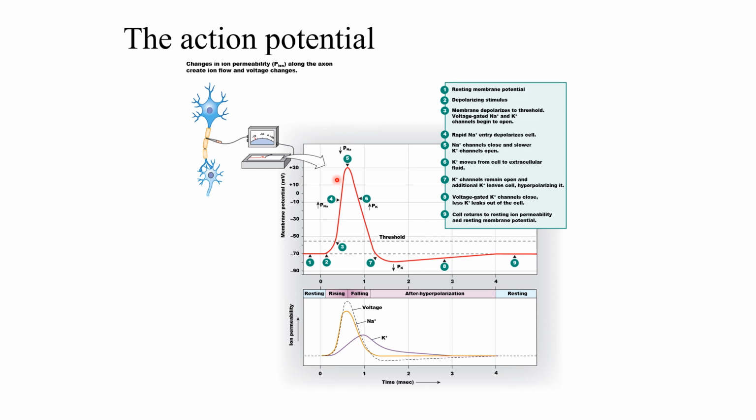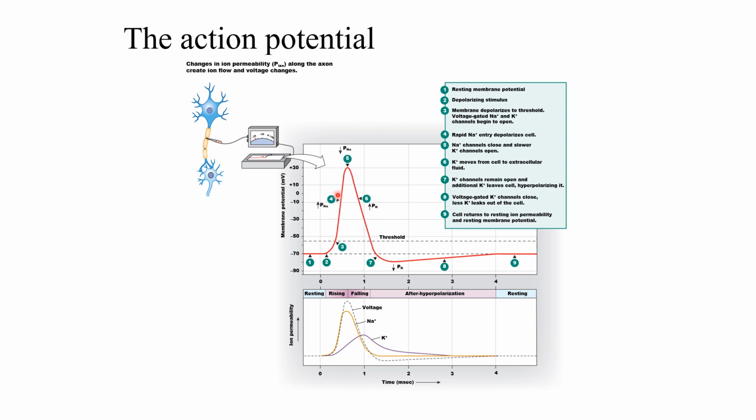Now, what's going to happen during an action potential? During an action potential, as that depolarization wave is now going to move down an axon, a bunch of voltage-gated sodium channels will go ahead and open. And when those voltage-gated sodium channels open, the sodium is going to start rushing inside of the cell, depolarizing the cell even more.